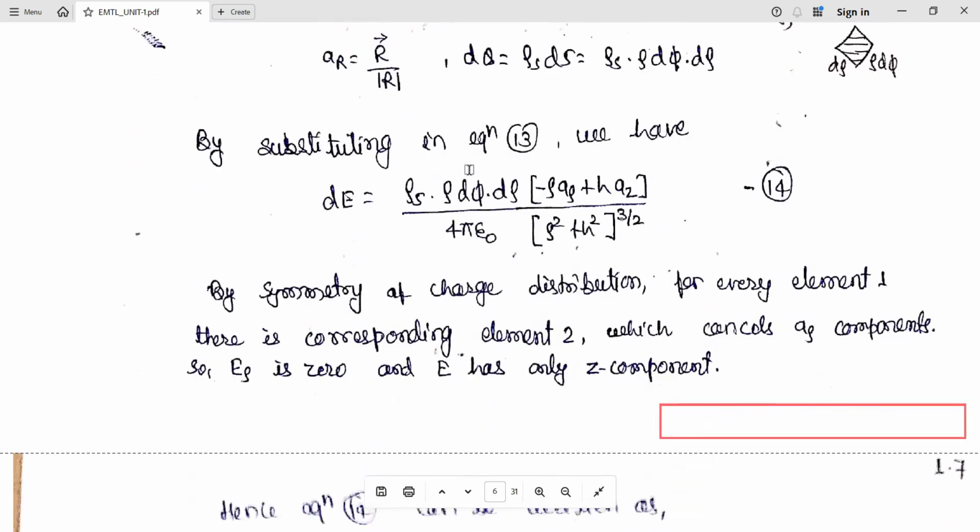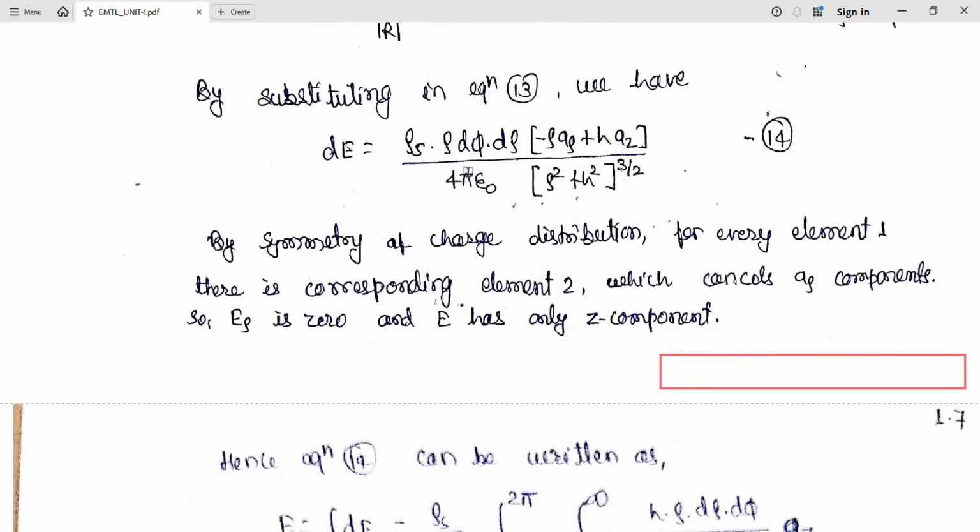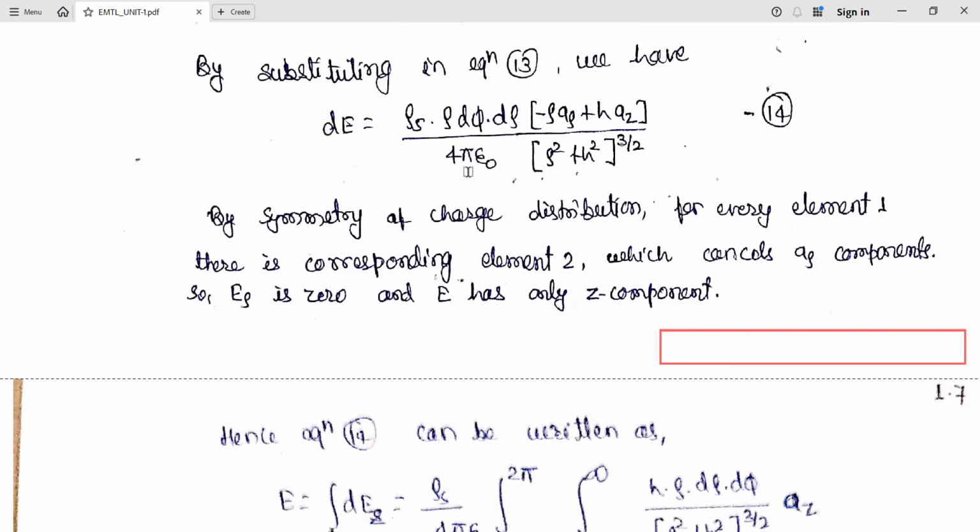Now finally all these values are substituted here. So we get the expression dE equals rho s, where rho s is the surface charge density, and this is the value of ds, rho d phi into d rho. This one is the value of r, and this is again the magnitude of r. Now in this expression, due to symmetry, what will happen?